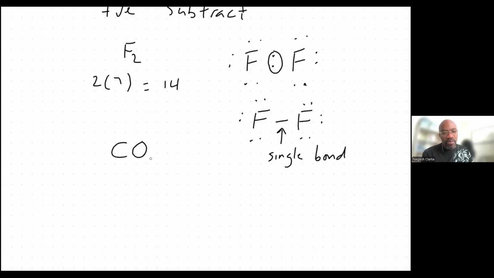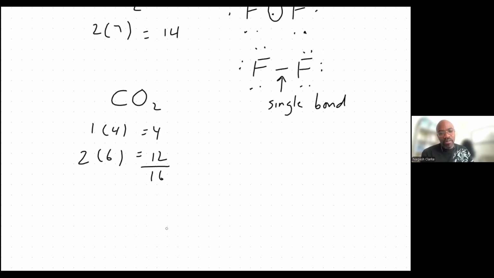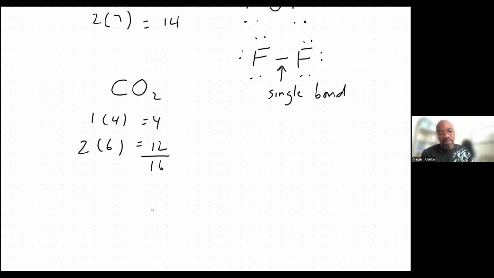So we have carbon, that's 4, and 2 oxygens each having 6. So that's 4, 12, that's 16. So we put carbon in the middle since it's the least electronegative. We're not going to worry about shapes right now until a different video.